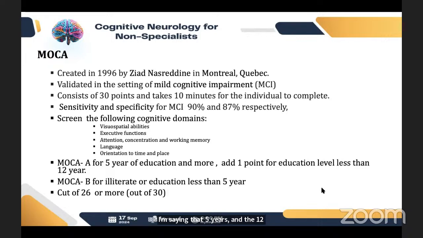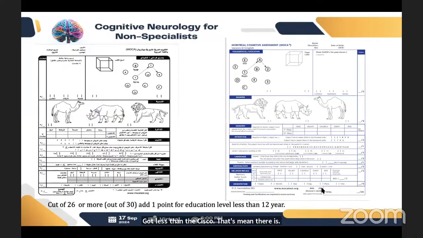Because MoCA A has to be administered to patients with this education level. And MoCA B is used for illiterate patients and for those with an education level of less than 5 years. The cut point is 26 or more. So if the patient scored 26, they are considered to be functioning within average. And if they got less than this score, that means there is an indication of a problem with their cognitive ability.